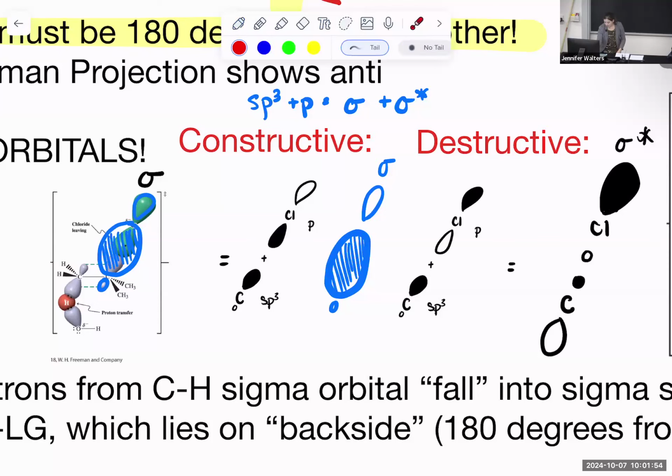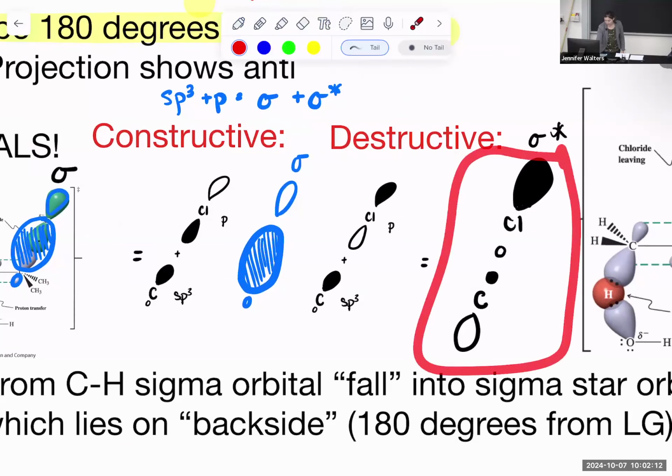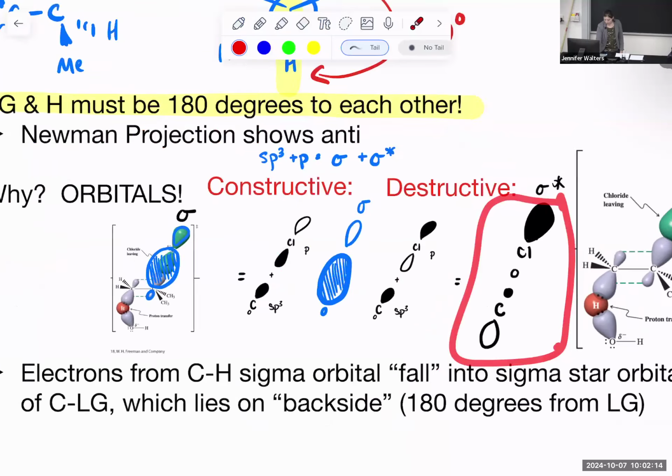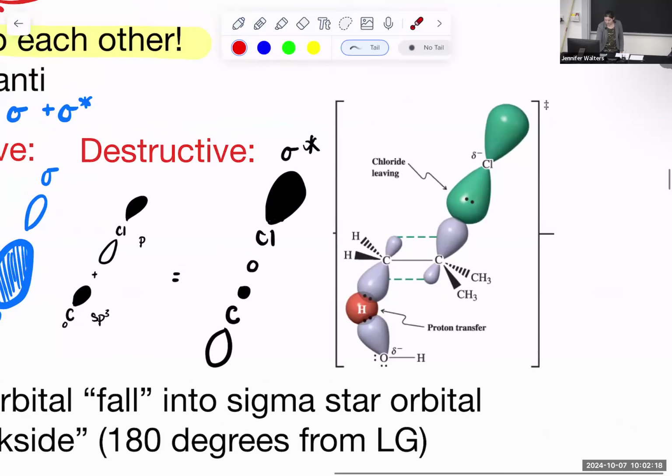So once these become out of phase, so that now the ones that are near each other are not in phase with each other, the shaded versus unshaded, they're mismatched, they are not compatible. That pushes the electron density away from each other because they repel, because they're not compatible. So I get this is now my sigma star. So that sigma star exists on top of the same bond, just as it did with the sigma.